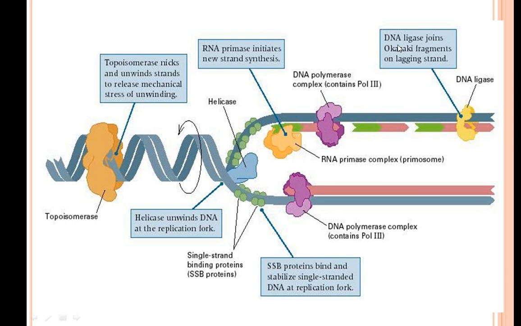Then DNA ligase joins Okazaki fragments on the lagging strand, and DNA polymerase helps in polymerization, that is synthesis of the new strand. Then topoisomerase nicks and unwinds strands to release the mechanical stress of the unwinding. And then SSB protein binds and stabilizes single stranded DNA at the replication fork.